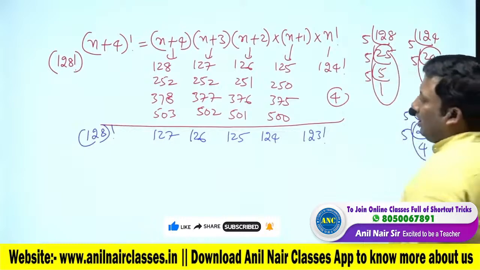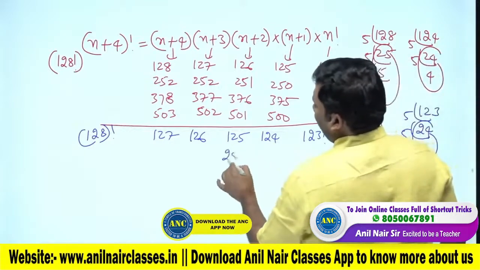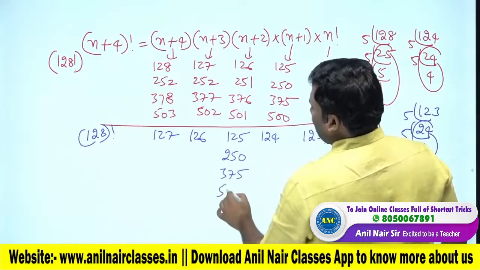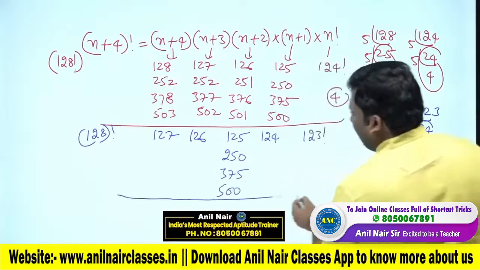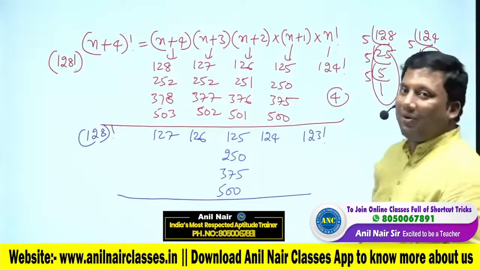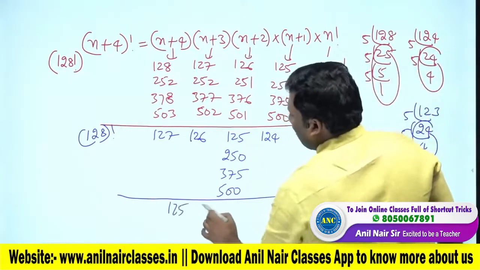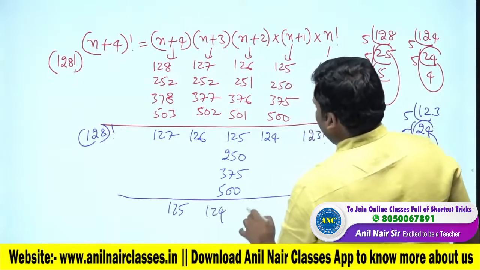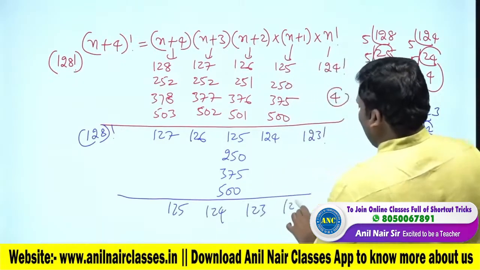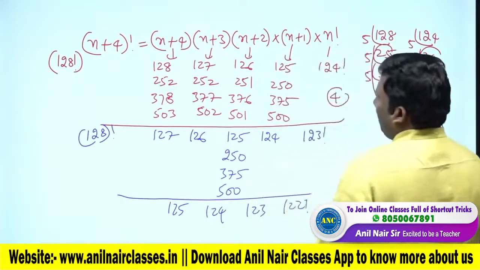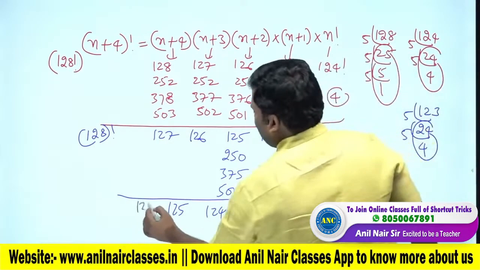I hope it is clear. This can be 250, this can be 375, this can be 500. Again 4 cases. Now I think it should be clear. If n plus 3 is 125, then 124, 123, 122 factorial, and this is 126.